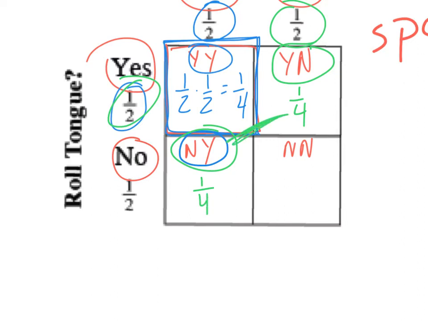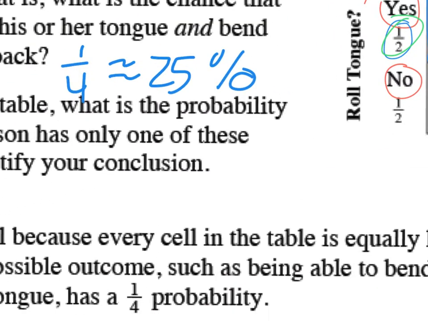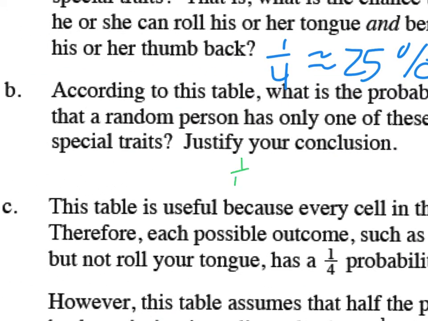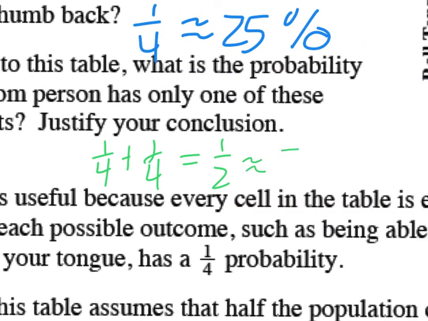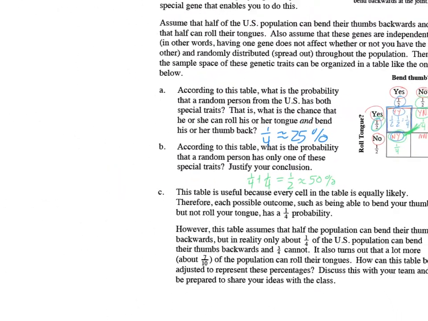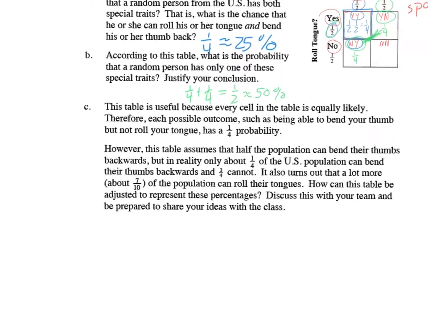Well, that'd be adding these two situations together, and 1/4 plus 1/4 is 1/2. So if I have 2 different outcomes that could take place, I add those probabilities together, that is 1/2, or roughly a 50% chance that that is going to take place. The probability that a random person has one of these special traits.